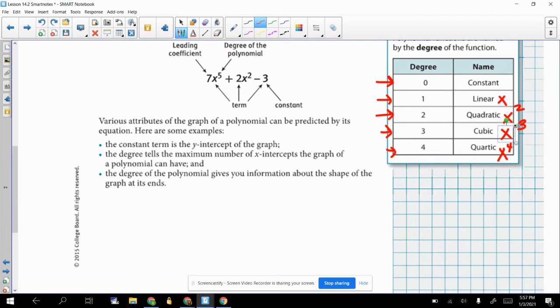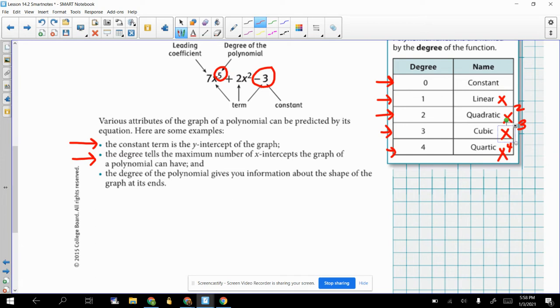Okay. It says down here, various attributes of the graph of a polynomial can be predicted by its equation. Here are some examples. So first thing, the constant term is the y-intercept. So if we look back up at this example, -3 would be your y-intercept. Then it also says here that the degree tells the maximum number of x-intercepts that the graph of the polynomial can have. So again, our degree is this highest exponent.